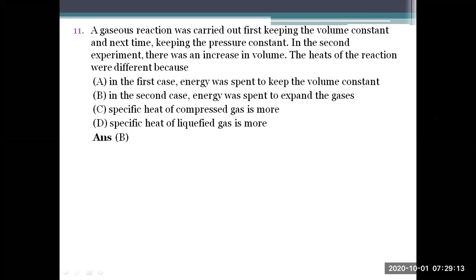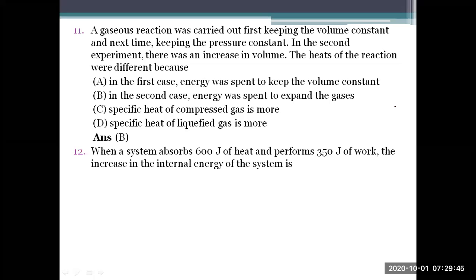Even if they have not given that sentence, you should know when pressure has to remain constant in the reaction mixture, it has to be carried out in an open system and volume has to increase. So when volume increases, work is done by the system. Obviously, heat is absorbed differently at constant pressure and constant volume.